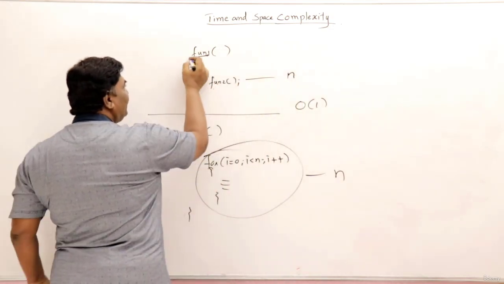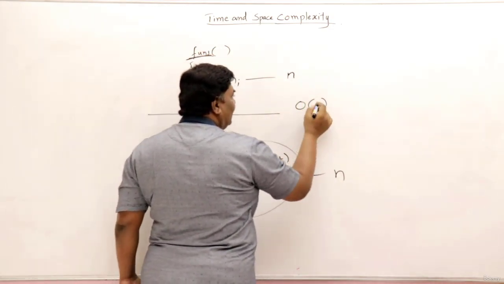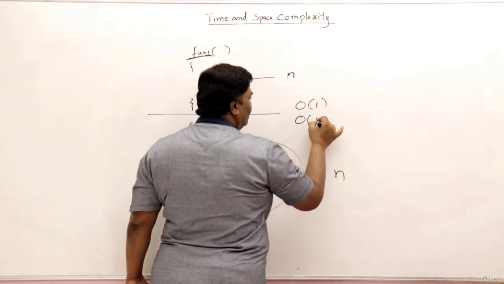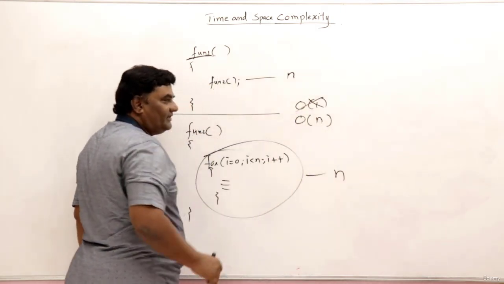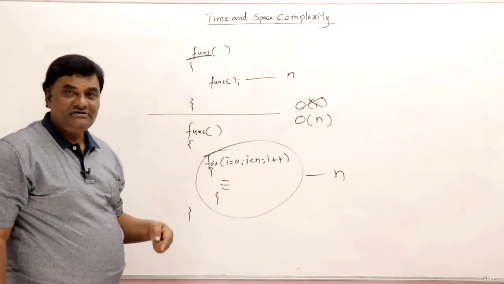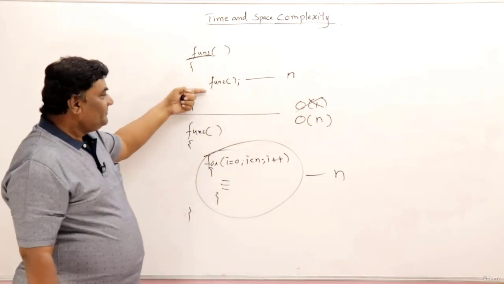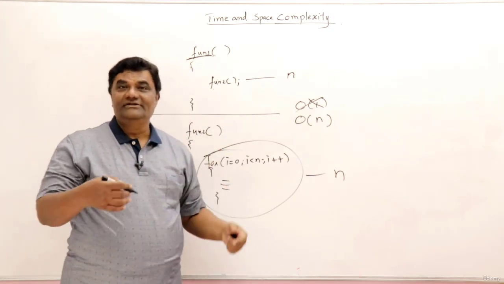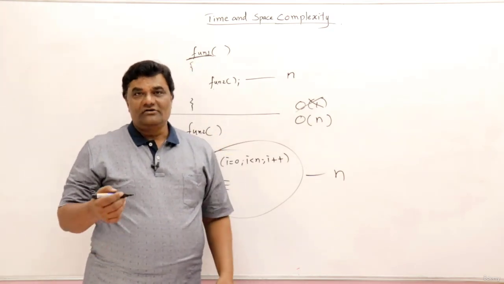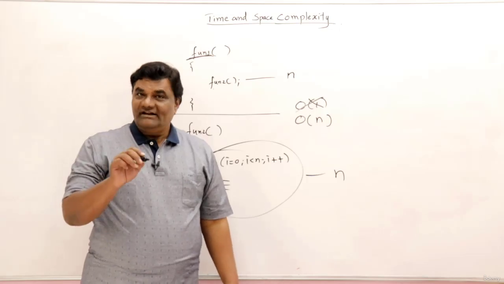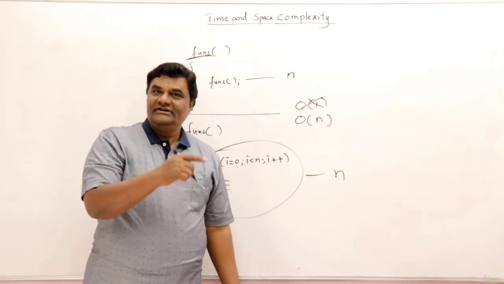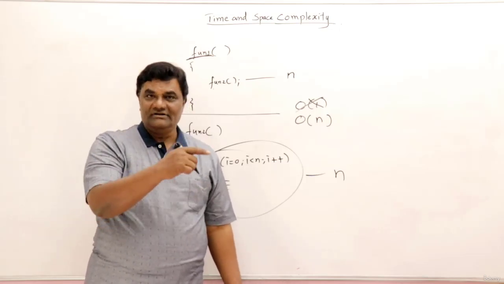So in turn the time taken by this function is also n. It's not 1, because it is calling a function which is taking order of n time. So definitely that time also belongs to fun1, because fun1 is using fun2 and fun2 is taking order of n time. So look into the details of these statements and try to find out the time.